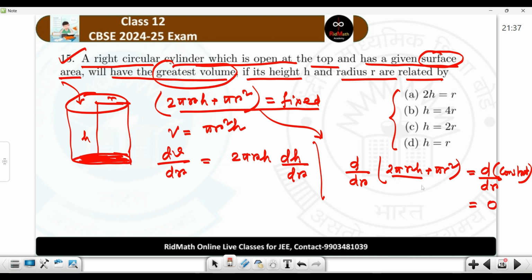So this is the u and v rule. So this is 2πh + 2πr dh/dr + 2πr, and this is equal to 0.